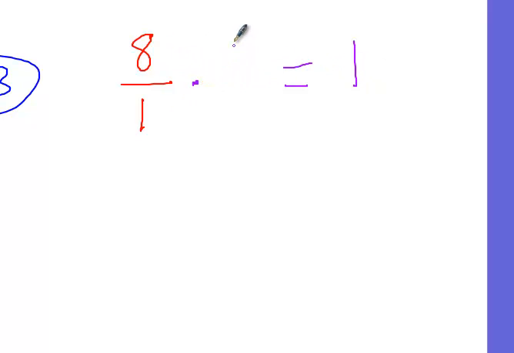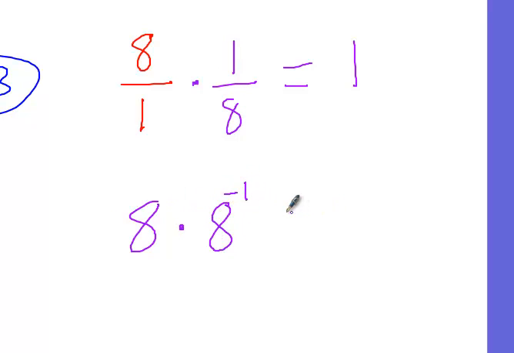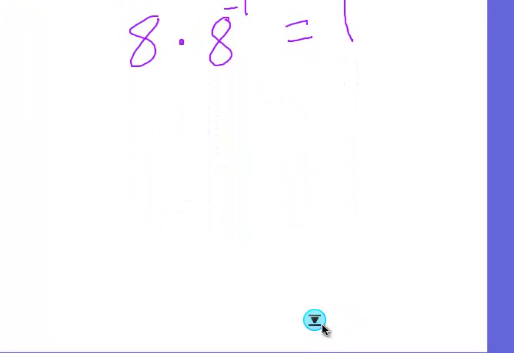Well, we multiply by the reciprocal, 1 over 8. Another way we can write this is 8 times 8 to the negative 1 equals 1, because if we remember our rules of exponents, 8 to the negative 1 is the same thing as 1 over 8. So basically this says that a times a to the negative 1 is equal to the identity.